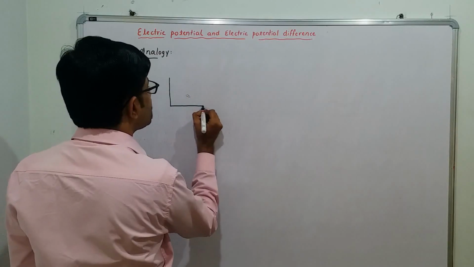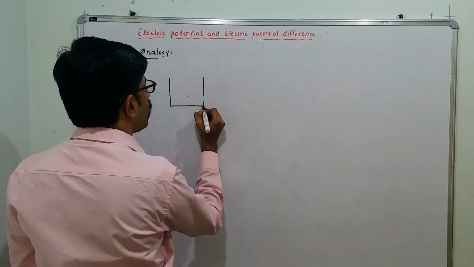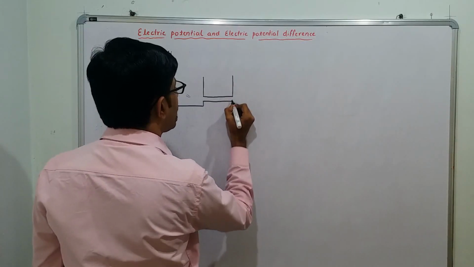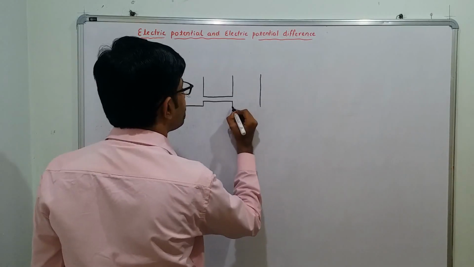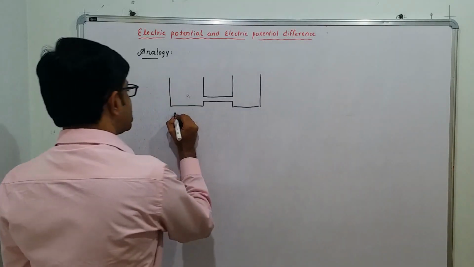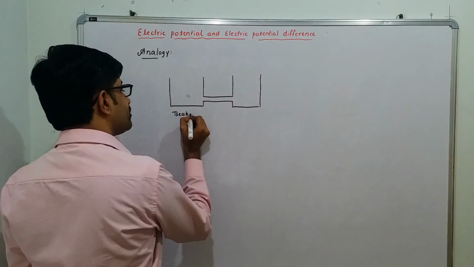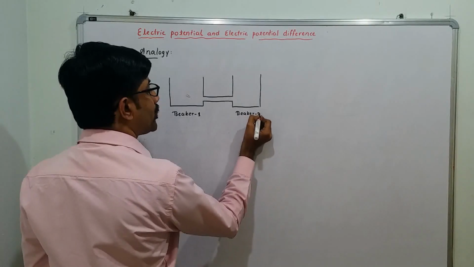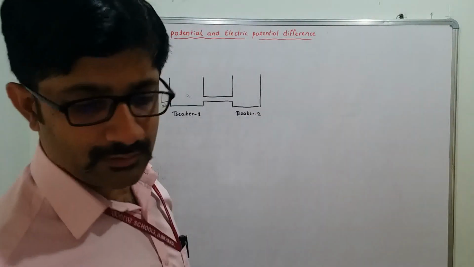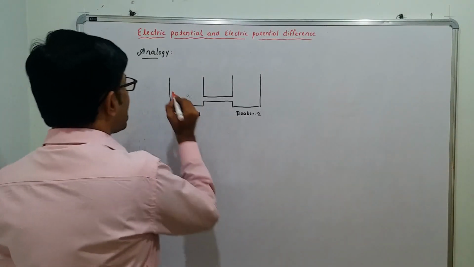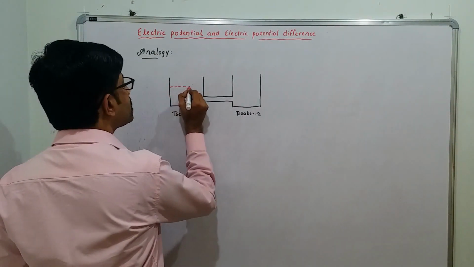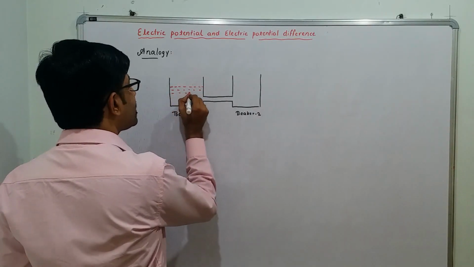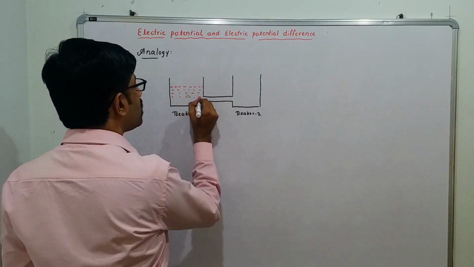Now this is the first beaker, which is connected to another beaker of the same kind. So this is beaker number 1 and this is beaker number 2. Now let us add some amount of water to it. Whenever you add water, it will take all the space it can.